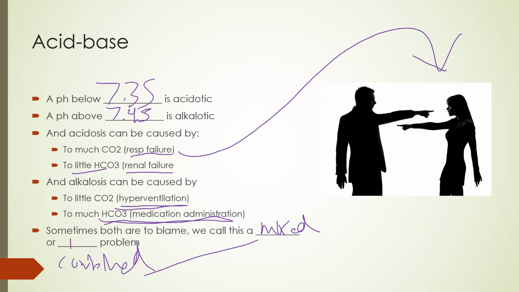The last adult patient that I had ventilated as of recording this video, he was in a combined or a mixed acidosis. Both his respiratory and renal systems were shut down because of hypoxemia and high CO2 levels. So both his respiratory and metabolics were causing him to be at a pH less than 7.25, and those are indications for intubation and mechanical ventilation, right?